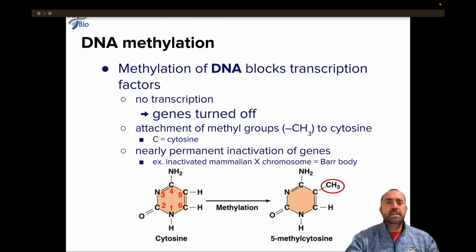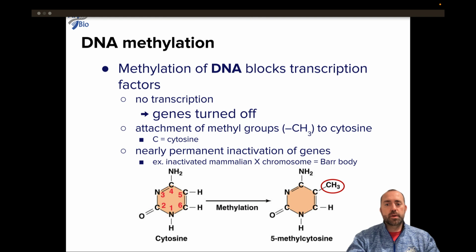So I want to talk about DNA methylation. Methylation of DNA blocks transcription factors from actually getting to the DNA. So no transcription takes place. Essentially, it's turning the genes off. Methylation is where we attach a methyl group, a carbon and 3 hydrogen group, to the cytosines, and that permanently inactivates the genes. Well, most of the time.